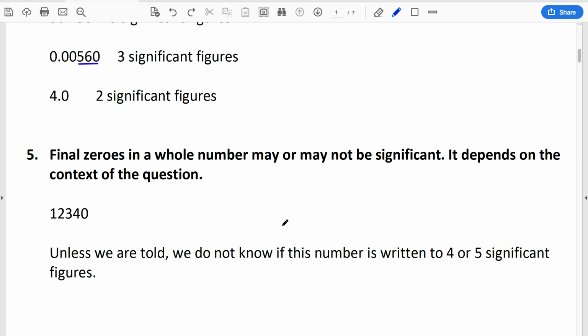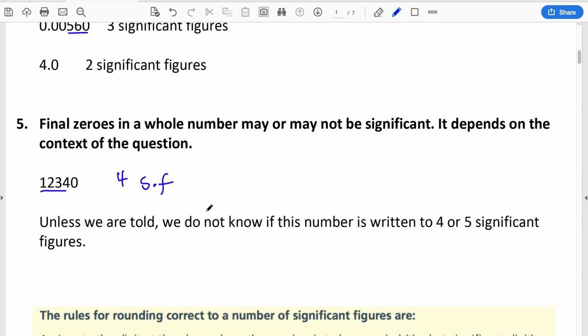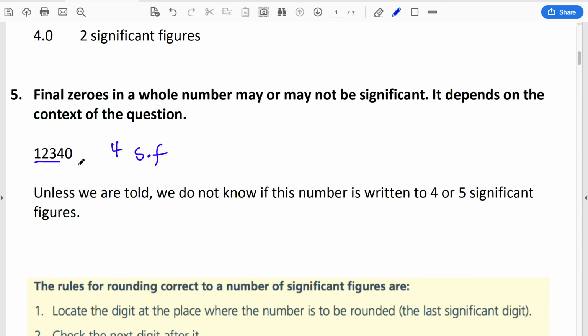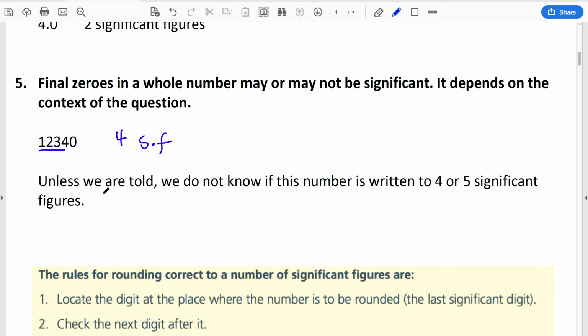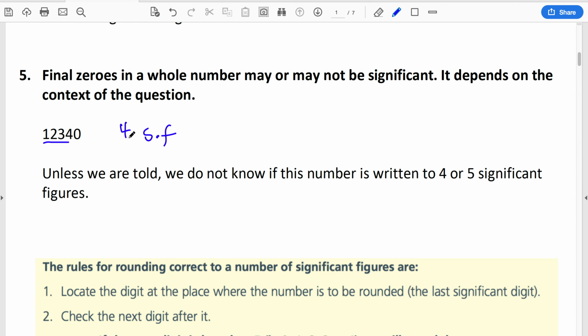Generally, we'd only count those ones as significant figures. In some contexts they might count this as having 5, but generally this would be 4 significant figures. I'll just put SF instead of writing significant figures. We don't know with this one really, unless we're told, but generally it would be 4.